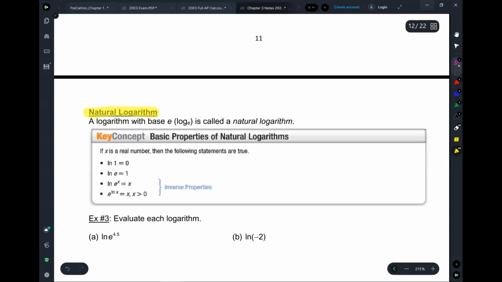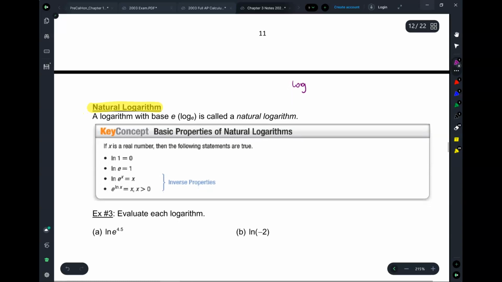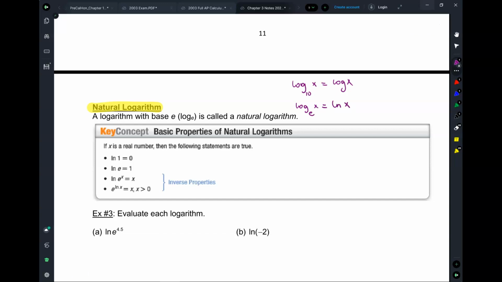So look, if I have log base 10 of x, that's log of x, right? If I have log base e of x, that's ln of x. Okay? So ln is nothing mysterious. It's just log base e.